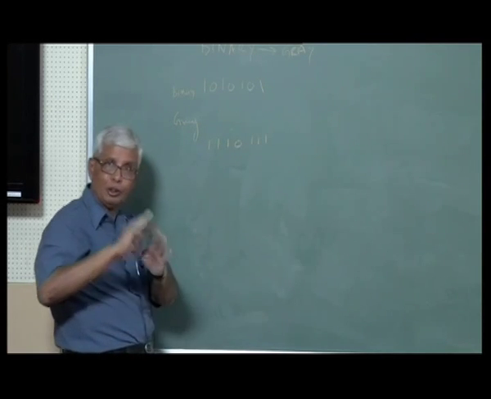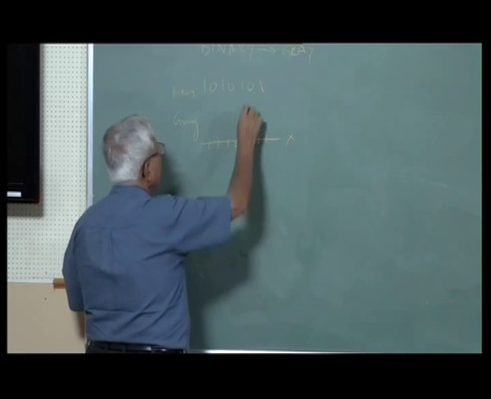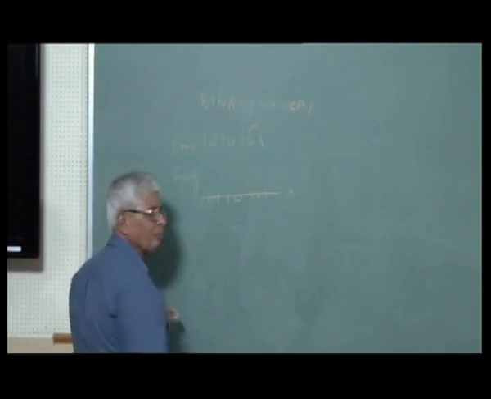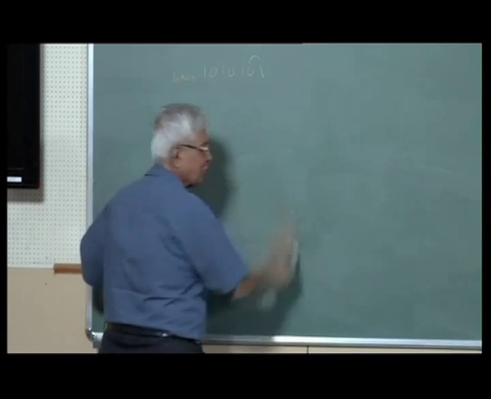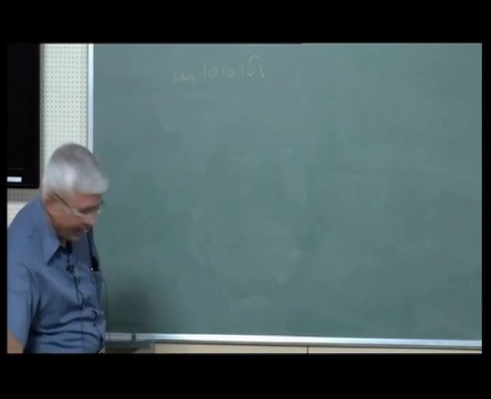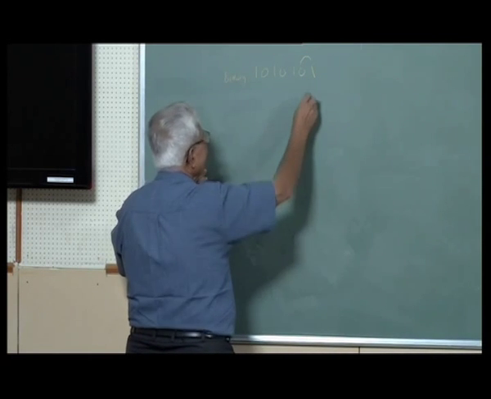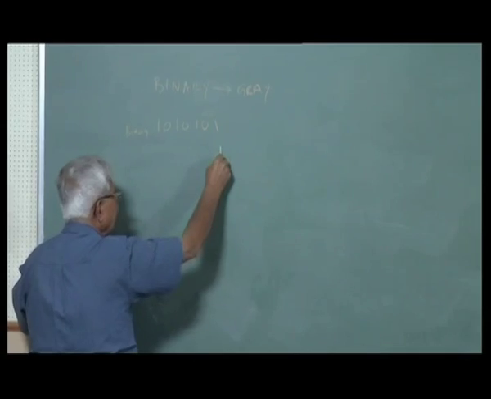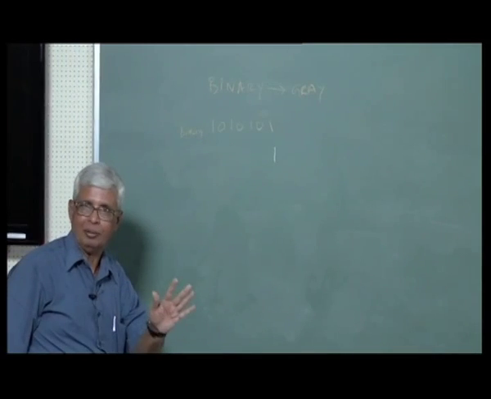Now that you know exclusive OR gates, you take 2 bits at a time. First you copy this. The first binary bit is the same as the gray bit, right?